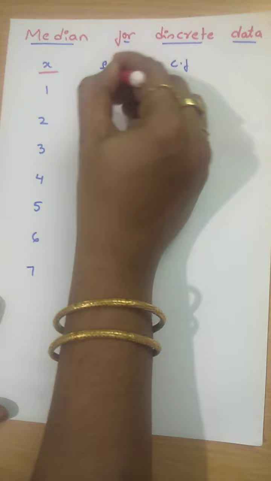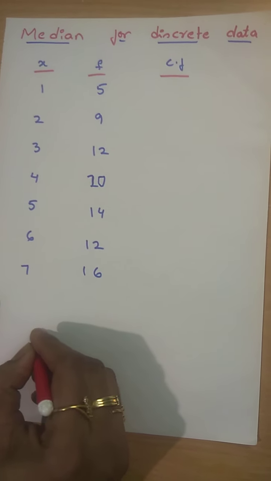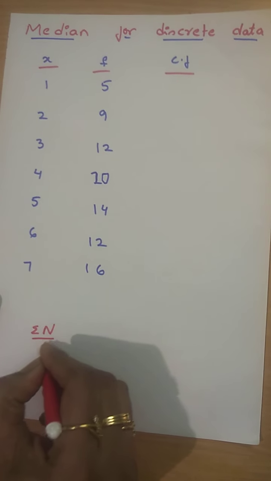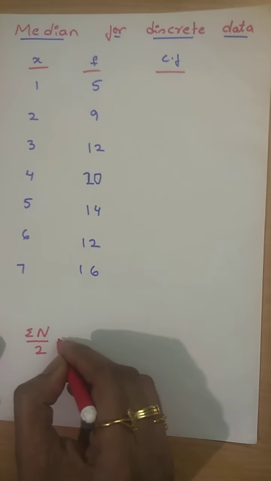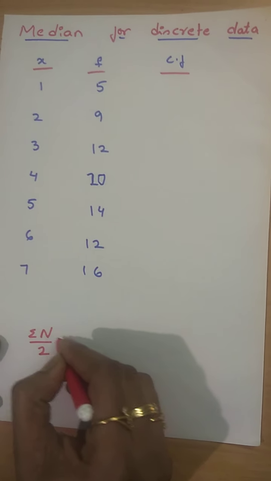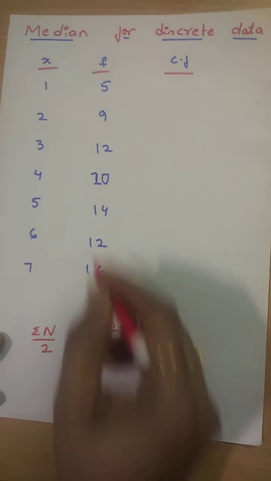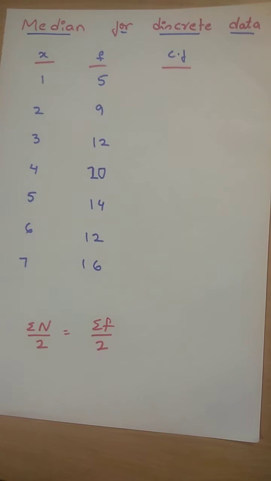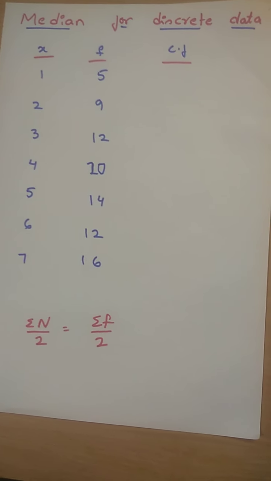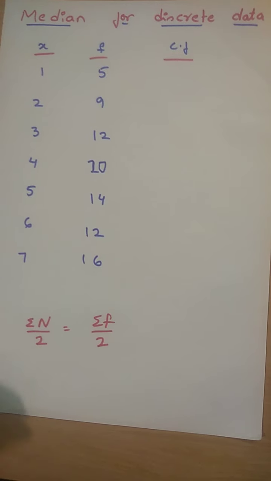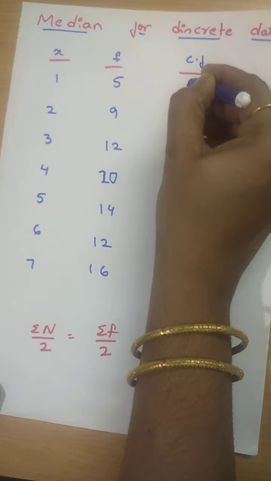The formula to find the median is summation f divided by 2, frequencies divided by 2. For this we need to find the cumulative frequencies. Here 5 is the cumulative frequency.